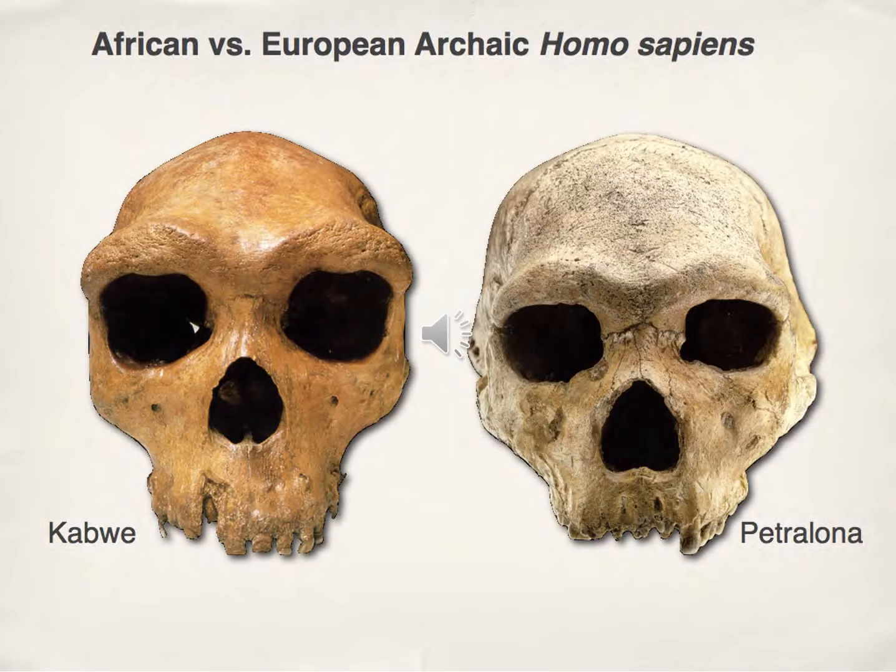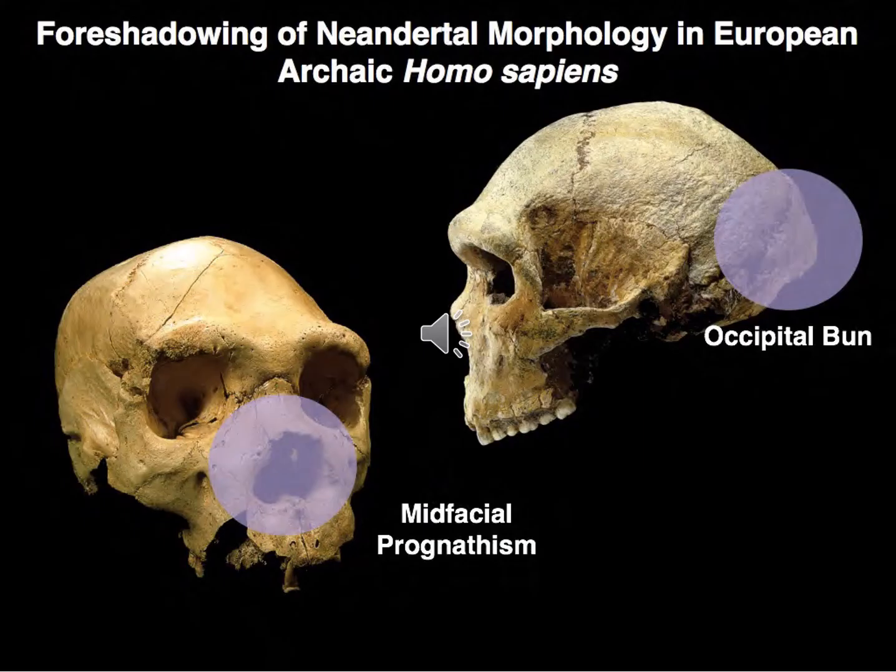If we compare Africa to European archaic Homo sapiens or heidelbergensis, you've got the one from Africa on the left, and this one on the right is actually from Greece. You can see that, again, generally the morphology is similar, but with subtle differences. What's really neat is that in Europe, we actually have the traits that link heidelbergensis to Neanderthals.